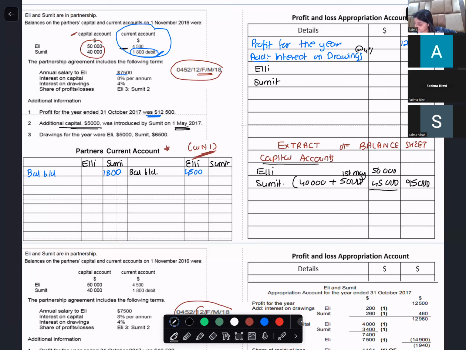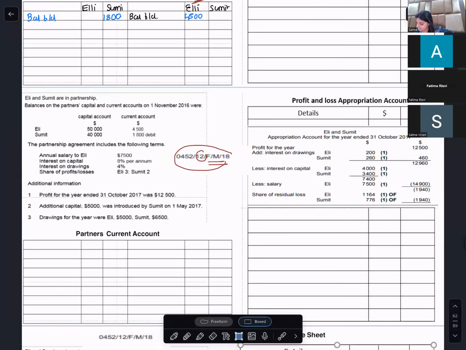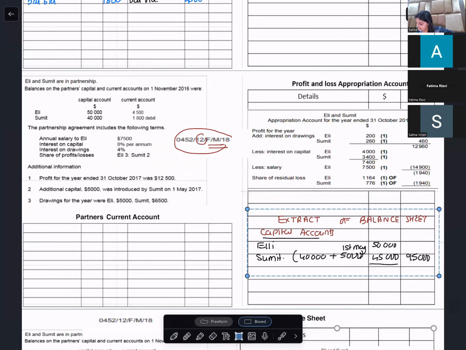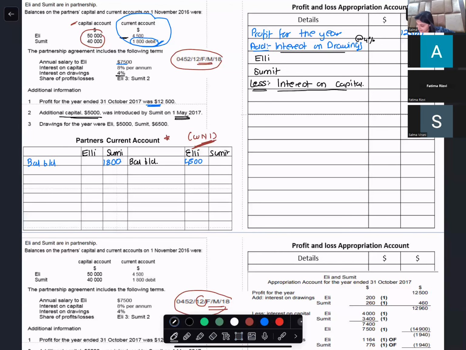What percent? 4%. Less what? Less interest on capital, Elli and Sumit.